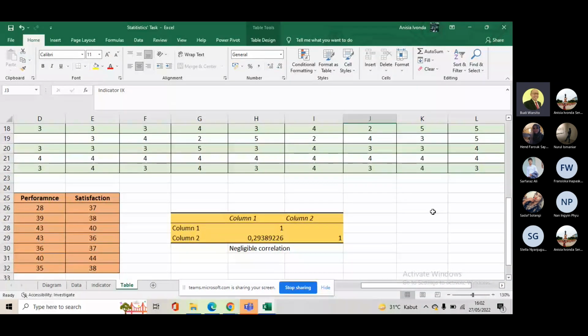I think the relationship between performance and satisfaction is not significant, because of the low value of the correlation.